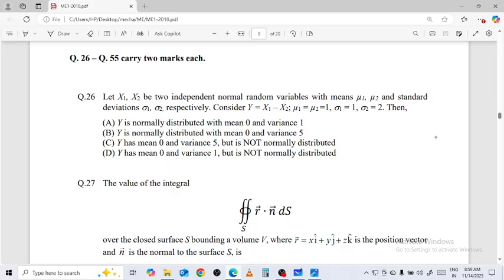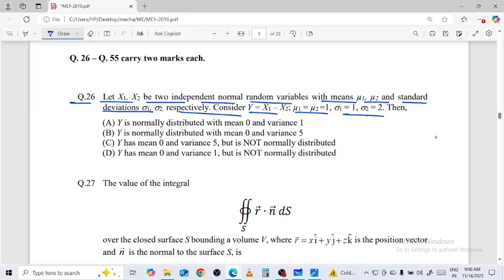Starting from our first one: x1 and x2 are two independent normal random variables with means mu1 and mu2 and standard deviations sigma1 and sigma2 respectively. Consider y is equal to x1 minus x2, mu1 is equal to mu2 is equal to 1, sigma1 is equal to sigma2 is equal to 2.